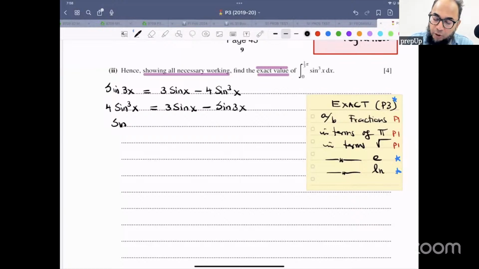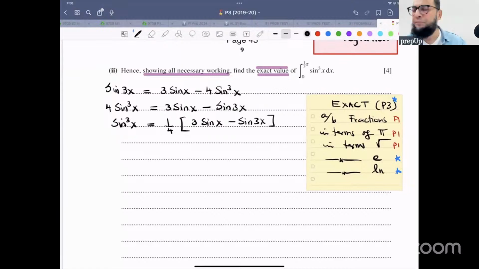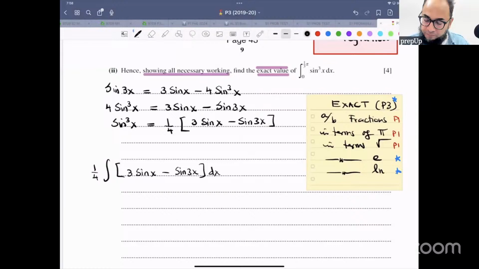And so sine cube x is 1/4 of 3 sine x minus sine 3x. All good, all clear? No rocket science over here, except the fact that O-level maths knowledge is necessary. So now, let's move on. Integrating sine cube x is integrating 1/4 bracket 3 sine x minus sine 3x, and now the limits are 0 and pi by 3.